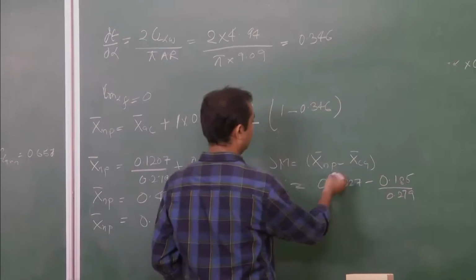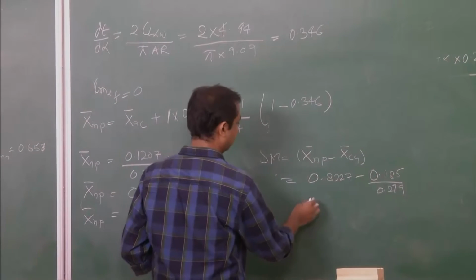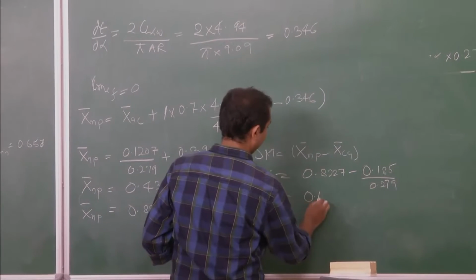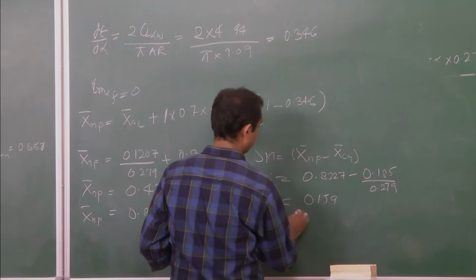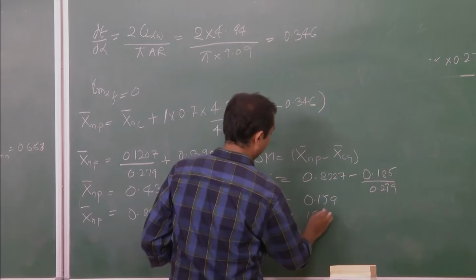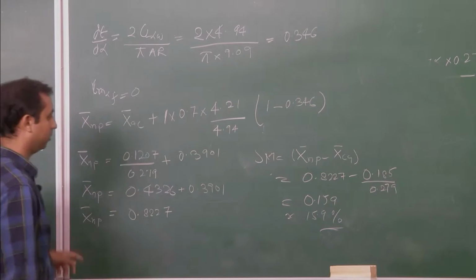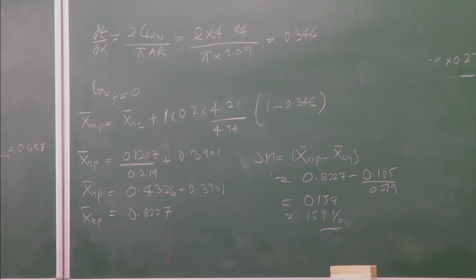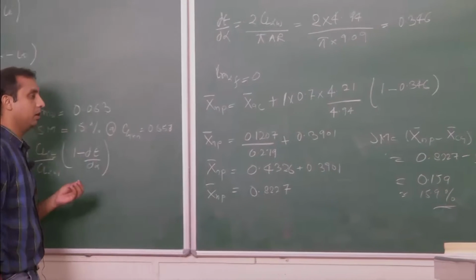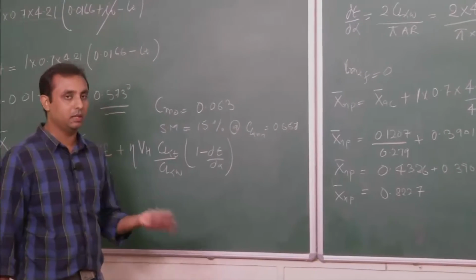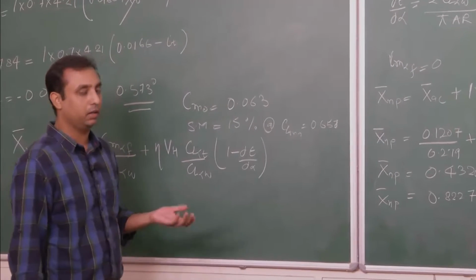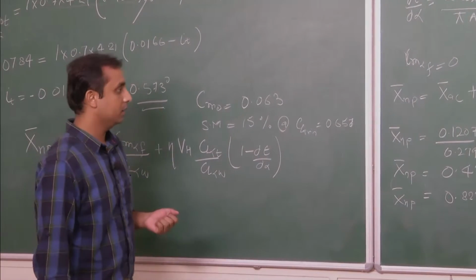So you can substitute these values in this equation and you will be getting something like 0.159, which is 15.9%, which is fair enough since we have taken lots of approximations. So this determines what will be your tail arm length, what will be your incidence angle, where should be your wing and tail located.